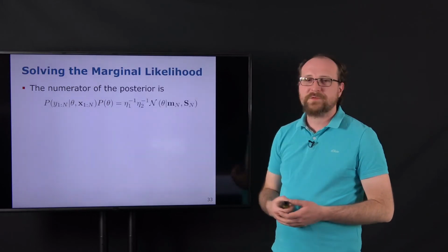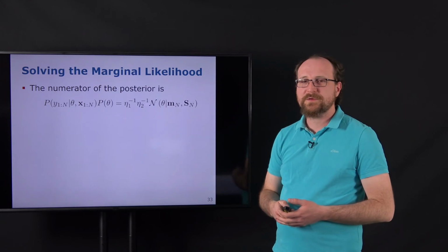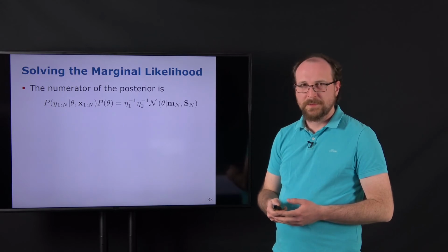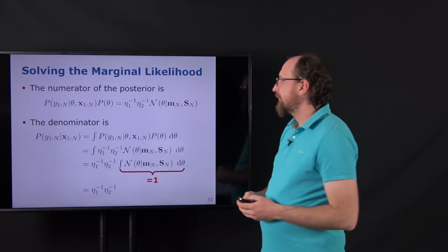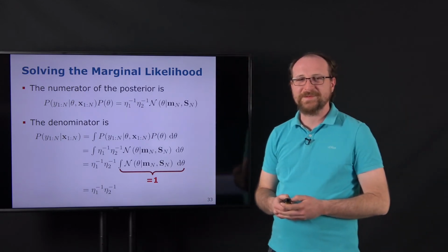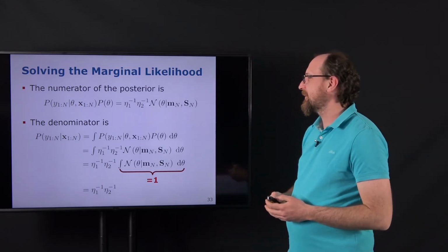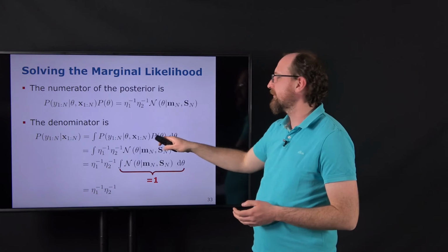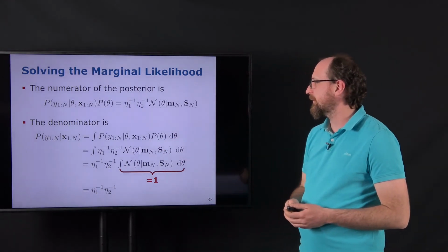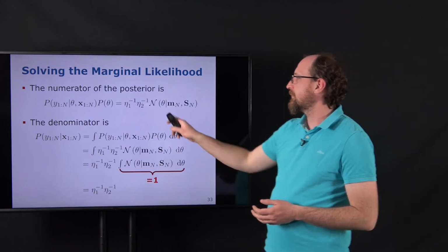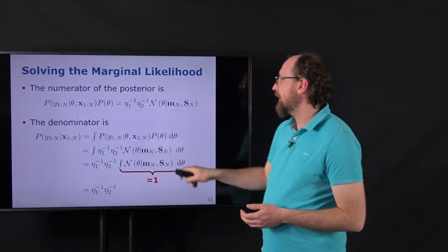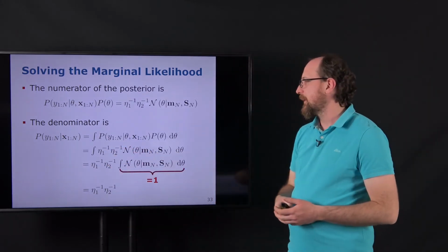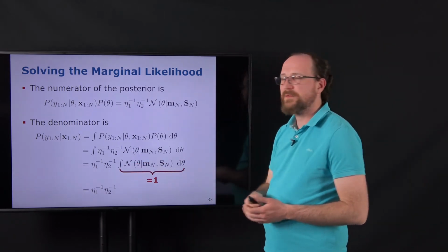But as it turns out, we can now plug the numerator into the denominator. Okay, sorry, some technical issues. So the denominator is given by this integral over both terms. We had the likelihood and the prior information. So we can plug this in here, and as we can see, these are just constants, so we can put them in front of the integral, and then we have the integral over a normal distribution.